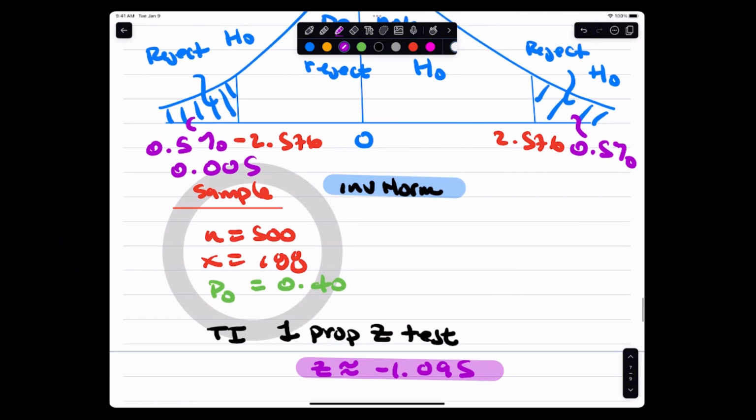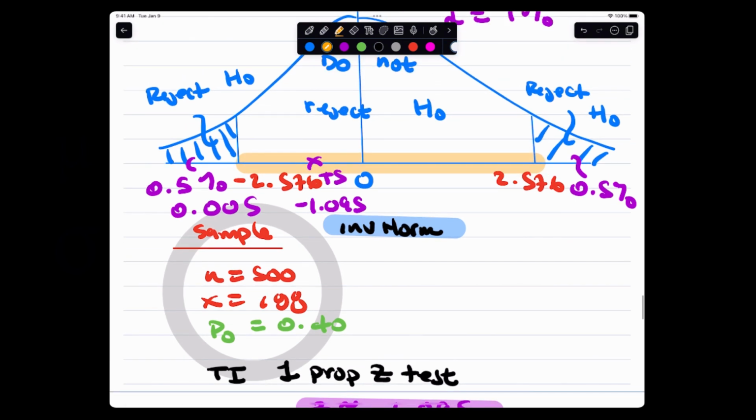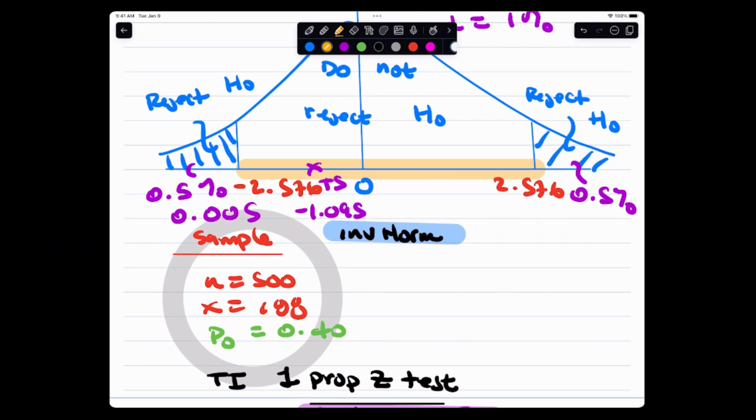Good. All right. Where is that going to be? Is it past the critical value? No, it's not. Negative 1.095 is not past the critical value. And any test statistic value that is between your critical values, what do you say you do?